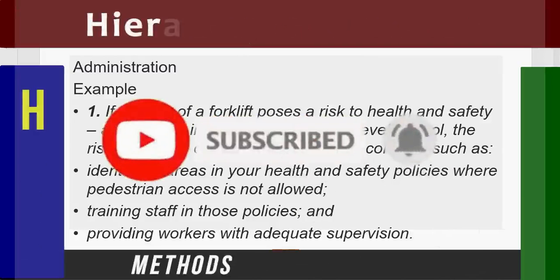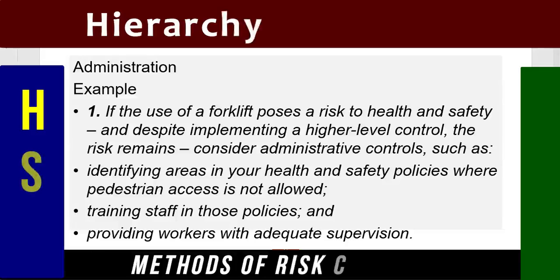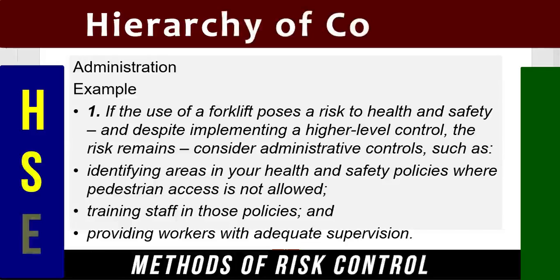These are all administrative controls. But you put in administrative controls when elimination, isolation, substitution, and engineering controls are not enough, and there is still risk and presence of hazards, so you can try to control the hazard through administrative controls.